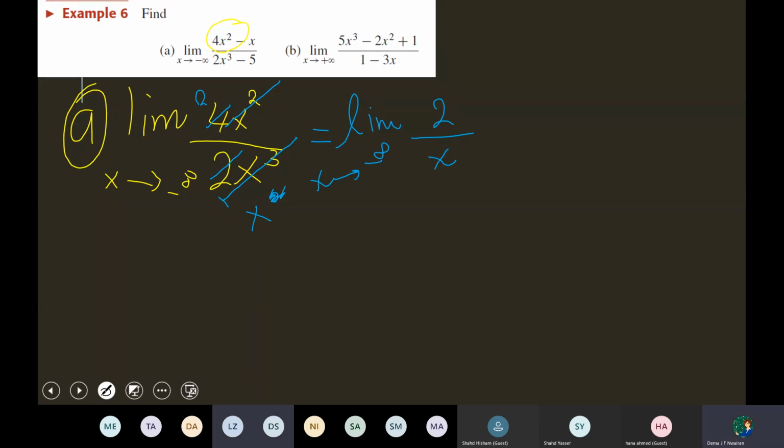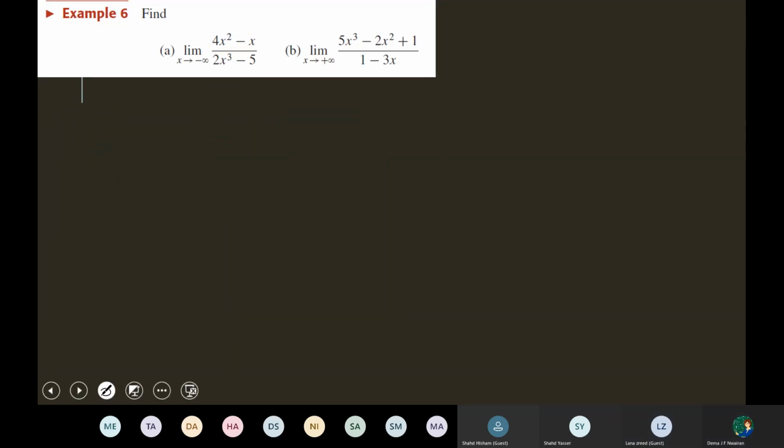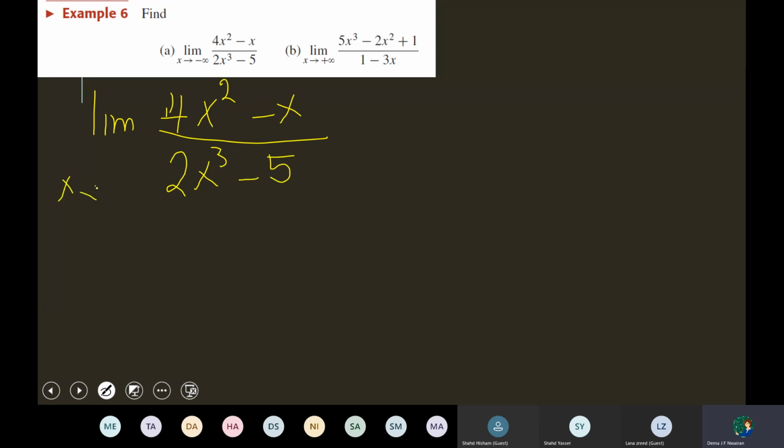Miss, can you repeat this, please? Okay. Here I have the limit of 4x squared minus x over 2x cubed minus 5 when x approaches negative infinity. Now, I will ask myself, what is the highest power in the numerator? It is 4x squared.